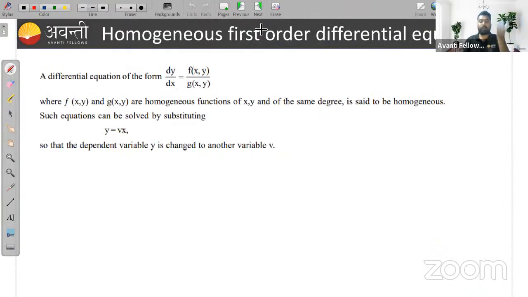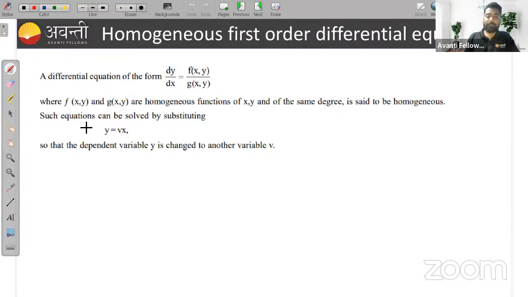And now we'll learn homogeneous first order differential equations. What is that? A differential equation of the form dy by dx is equal to f of xy upon g of xy, and in place of x and y you have to take lambda x, lambda y.